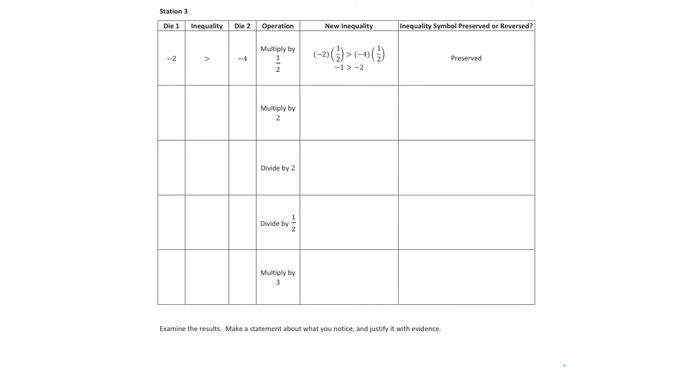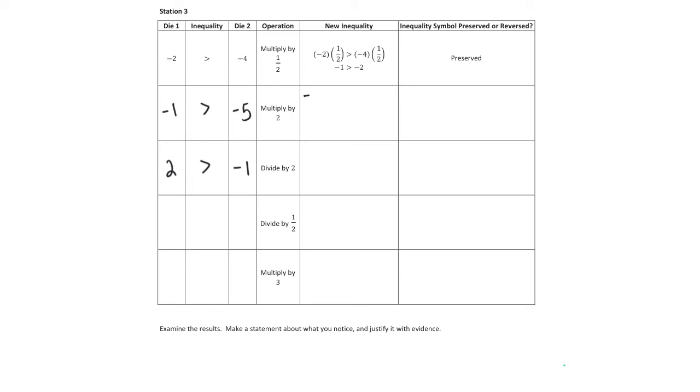All right, so for station 3, we are only going to do the top 2 examples. So I'm going to have negative 1 is greater than negative 5. I'm going to have 2 is greater than negative 1. Now looking at negative 1 is greater than negative 5, I'm going to multiply both sides by 2.